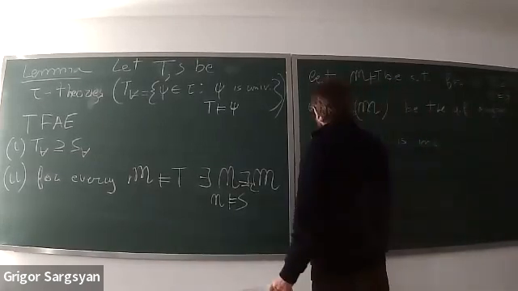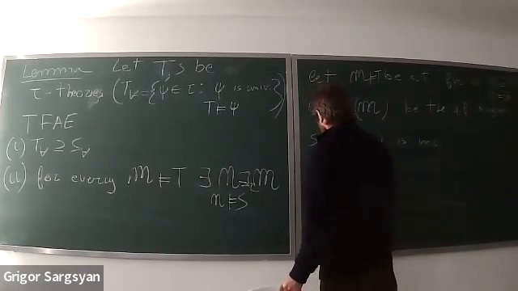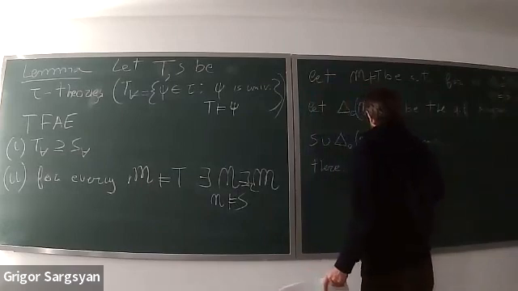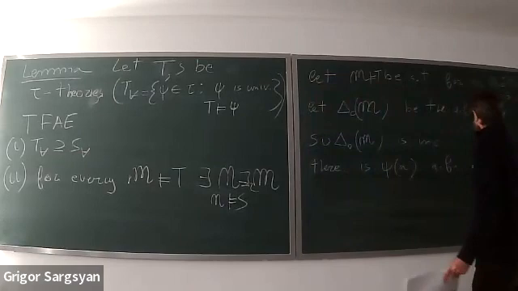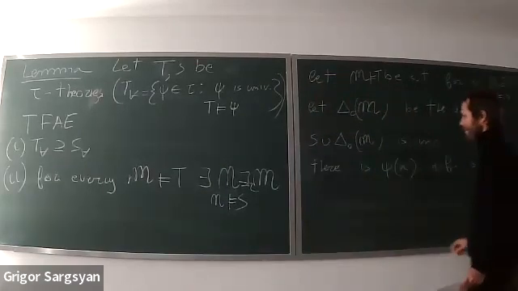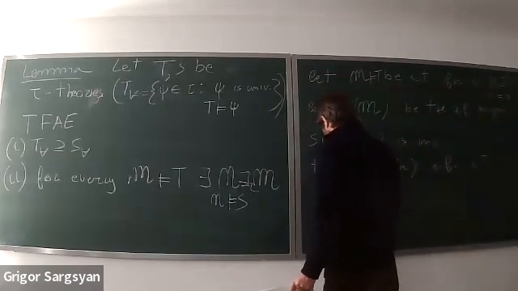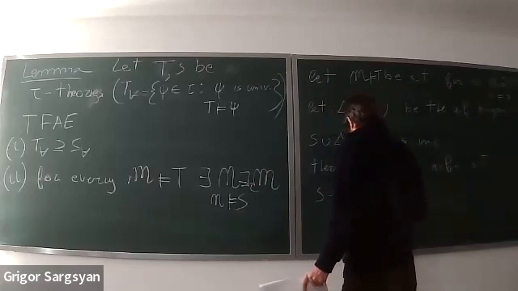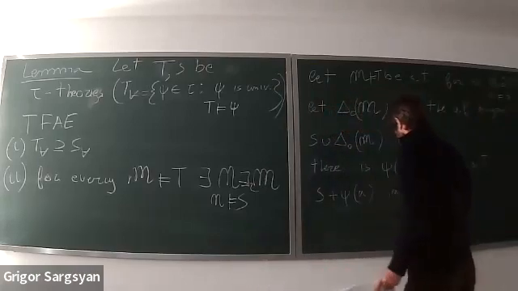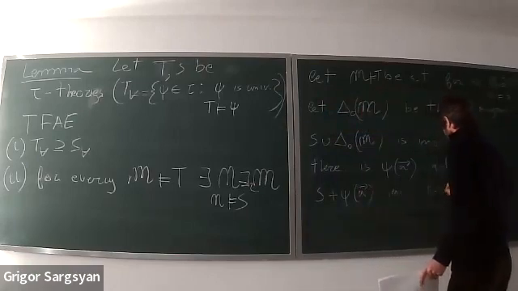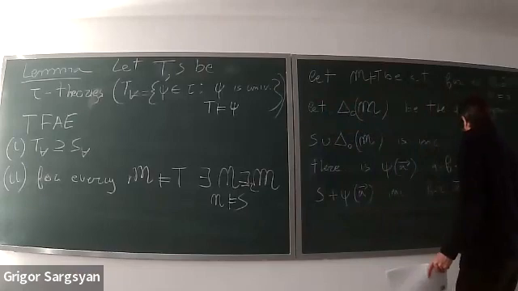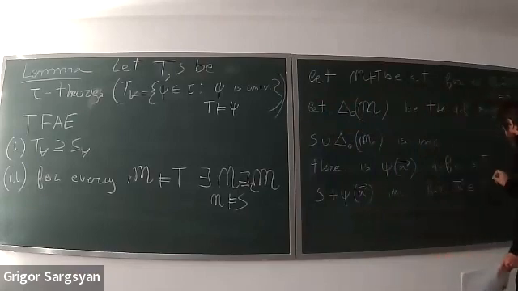By compactness, there exists a quantifier free formula psi such that S plus psi of a is inconsistent, where a is a vector of elements in M. Here I'm confusing a structure with its domain.